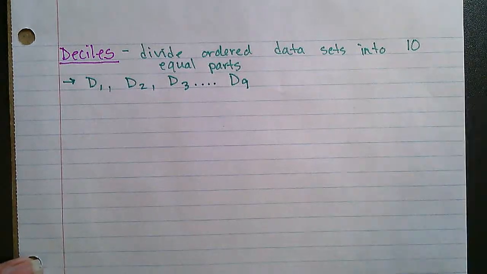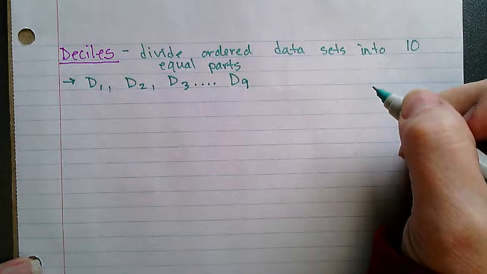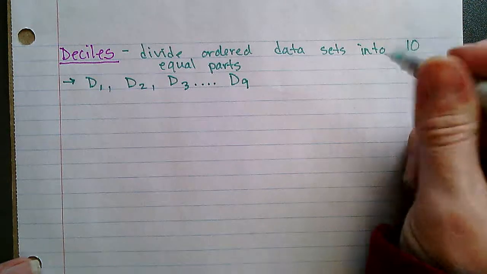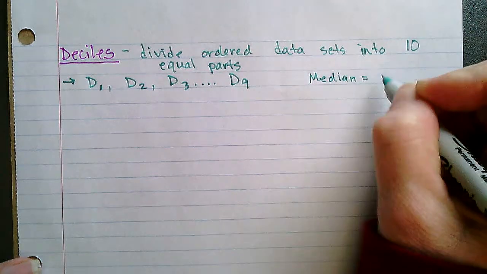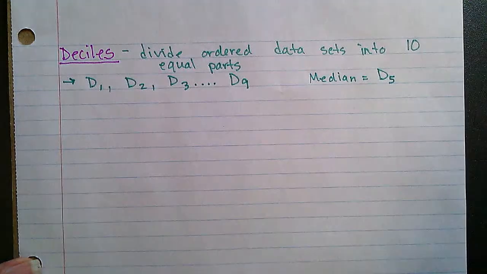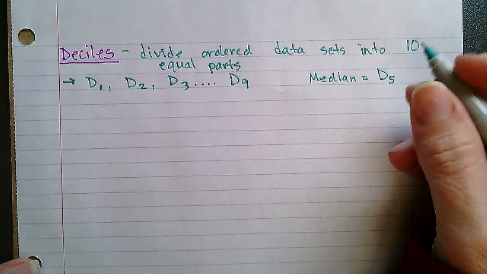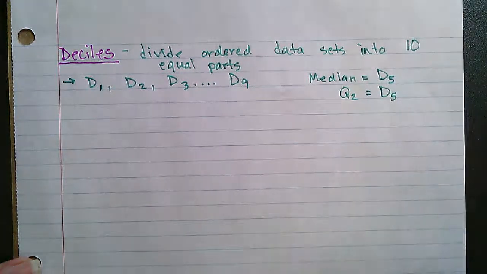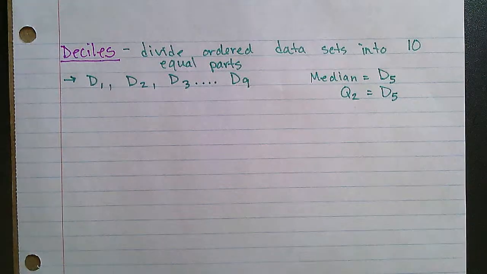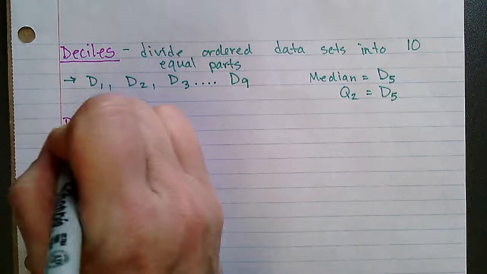If we wanted to go to the middle half of our data, like we did with the median, that would be the same thing as D5. And remember that in quartiles, Q2 was the median, so Q2 is the same as D5 when you work with deciles.